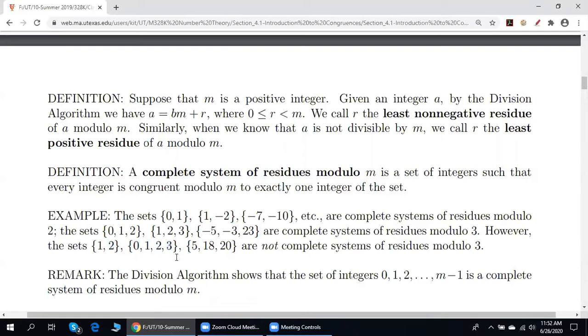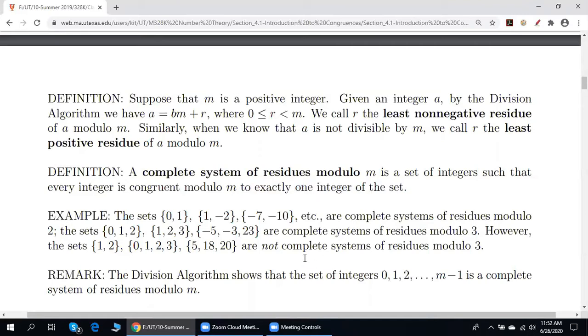Here, any integer is congruent to either 0 or 1 or 2 or 3 modulo 3. However, this is not a complete system of residues because it is not congruent to exactly one integer of the set.